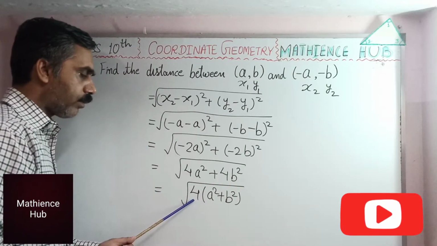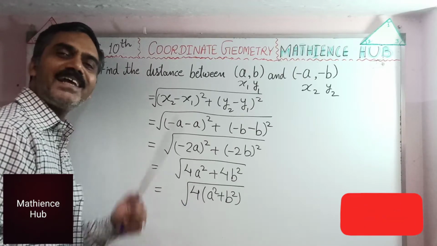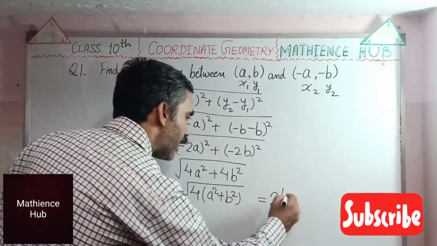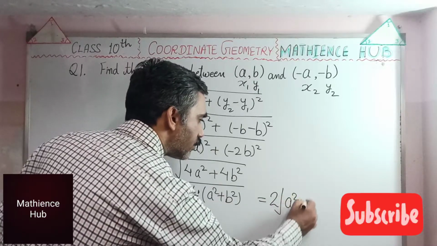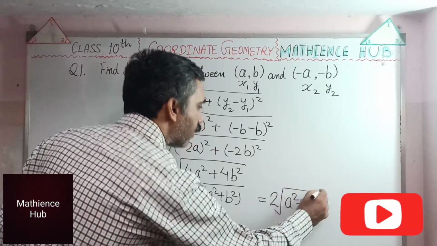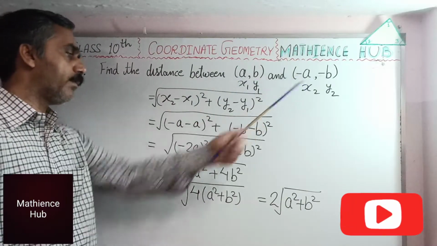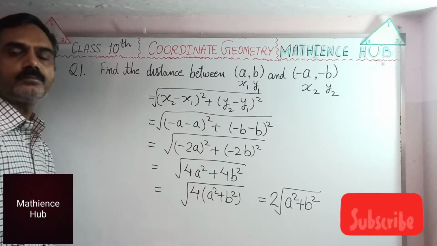Also we find the square root: the square root of 4 is 2. So 2 is outside the square root sign and inside is a square plus b square. This is the distance between (a, b) and (minus a, minus b).